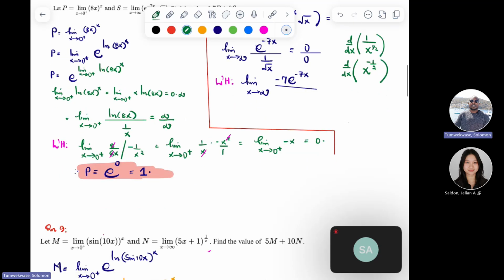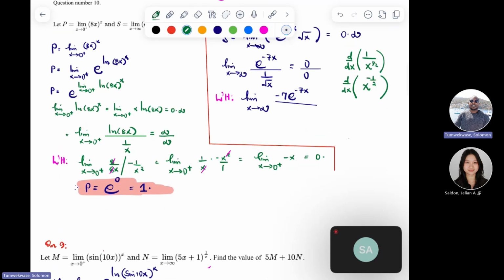I hope so. Which means I want to take the derivative of x to the power negative half. Using the chain rule, you drop the negative half, keep x, then the power negative 1 half plus 1. Negative 1 half plus 1 is just positive 1 half. Then times the derivative of x, which is just 1.